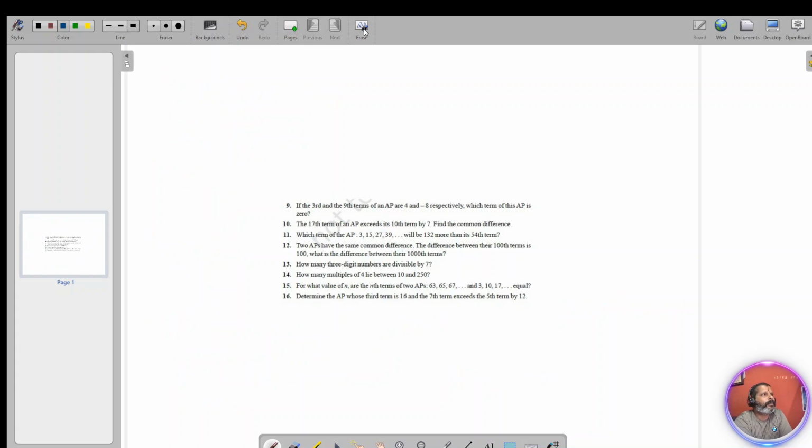Okay, we'll move to the next question, the 10th one. The 17th term of an AP exceeds the 10th term by 7. Find the common difference.